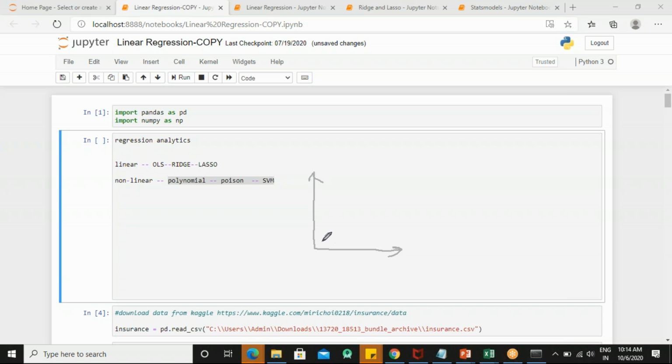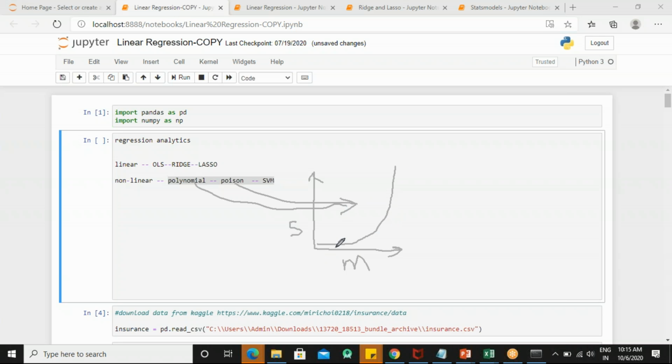So one very simple example I can give you right now is, if your model instead of a straight line is something like a curve like this, an exponential curve, where as you increase the marketing cost, your sales is initially increasing by a small amount, but then it starts to increase very high.